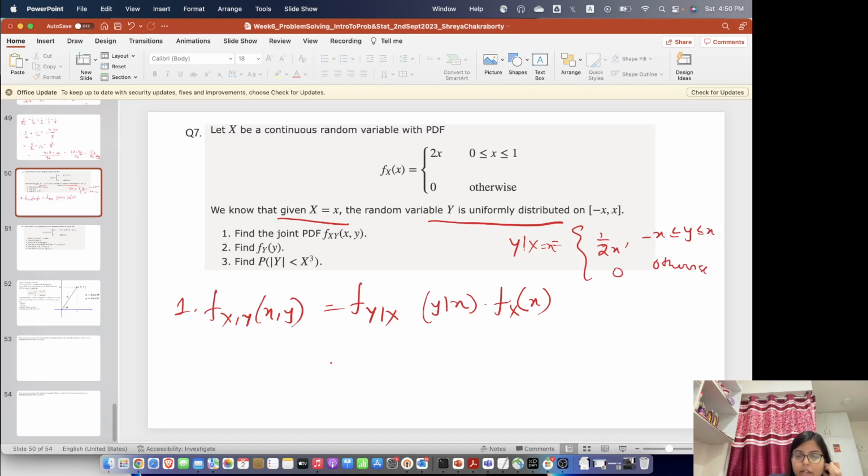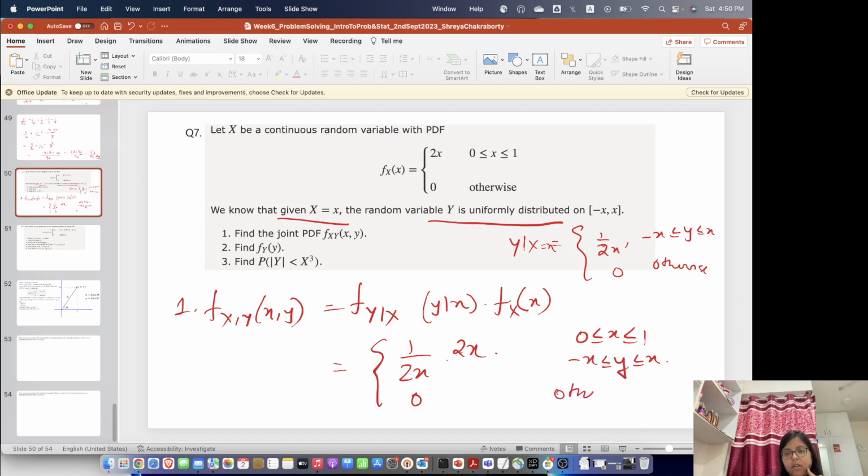So we'll put it here. This will be 1 by 2x into fX(x) is 2x, when 0 less than equal to x less than equal to 1 and minus x less than equal to y less than equal to x and 0 otherwise.